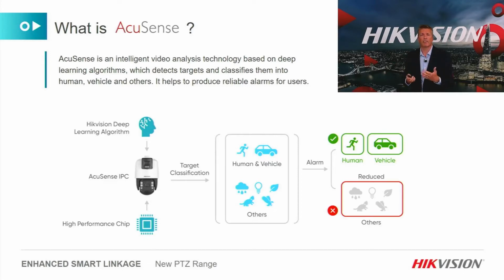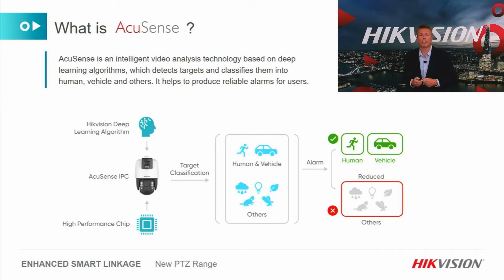Things like rain, things like shrubbery perhaps that's moving around, or birds that are flying through the scene. Because when you designed and installed this CCTV system, you didn't do that to capture birds normally, or shrubbery, or the weather. So because of the AcuSense technology, that will filter out all those false alarms. So the alerts that do come through are actual humans or vehicles.